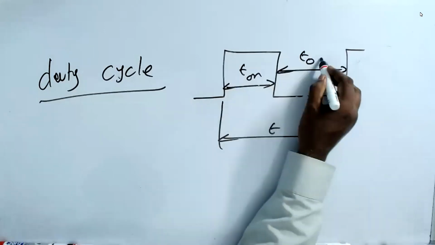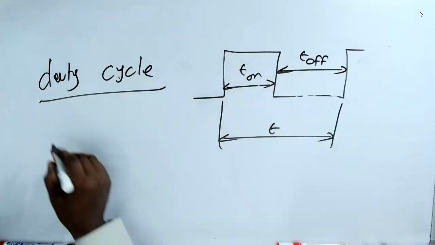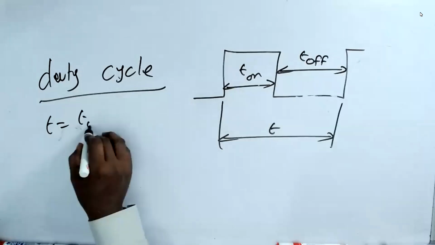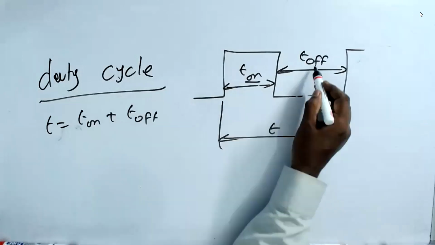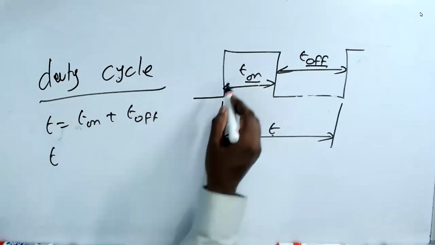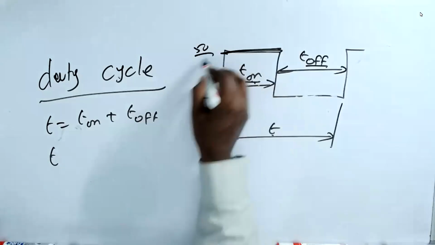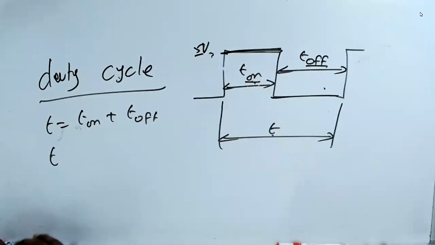So T is equal to T on plus T off. During only the T on time, you are getting 5 volt, and then the motor is going to rotate. Not during the other time. When you are giving 0, the motor is not going to rotate. No power, no current. Voltage is 0 means current is 0. But 5 volt means current is there.